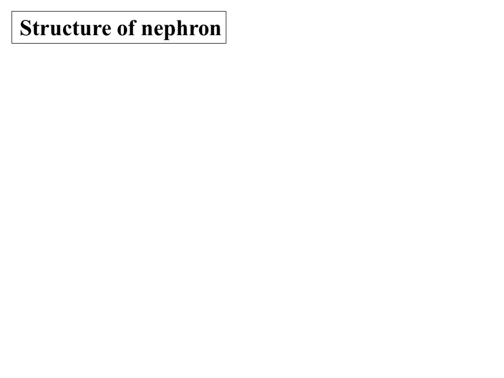The nephron is the basic functional and structural unit of the kidney. So we must know the structure of the nephron. The nephron consists of two parts, the renal corpuscle and the renal tubules.